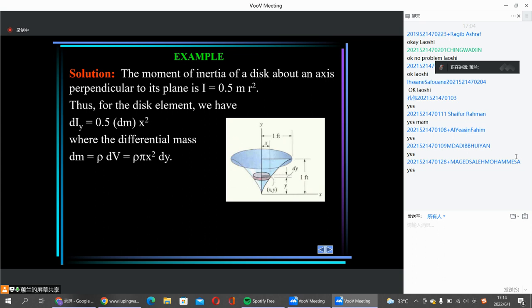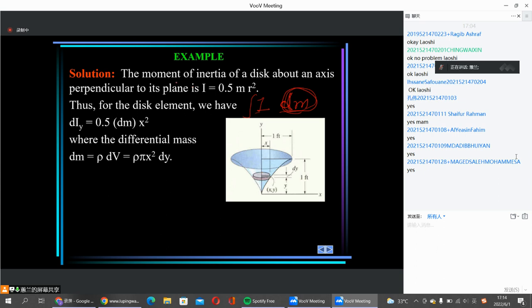First, we decide that we choose the disk element, and then we calculate dm. Then for this dm, we can calculate its mass moment of inertia, and then we integrate. But here, actually, we just skip this step. Why?